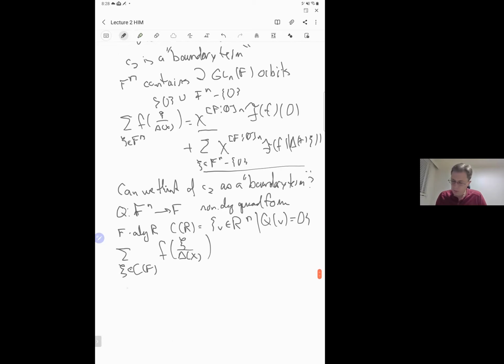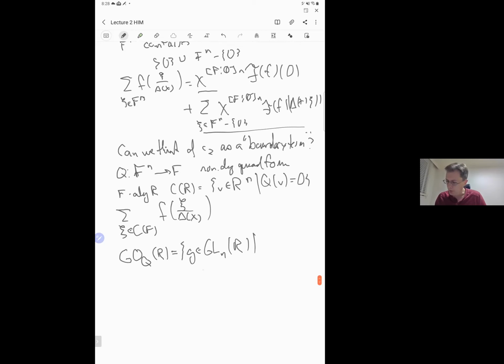Now I have a similitude group of this form. It's the set of g in GL_n(R) such that the quadratic form is preserved up to a multiple. Am I doing this correctly? Now that I look at it, I think I'm doing something wrong.